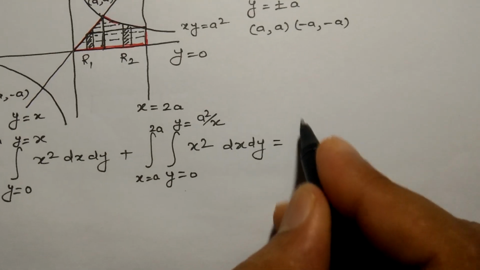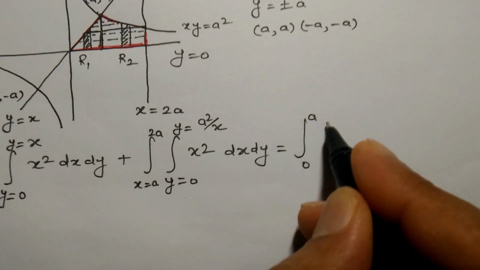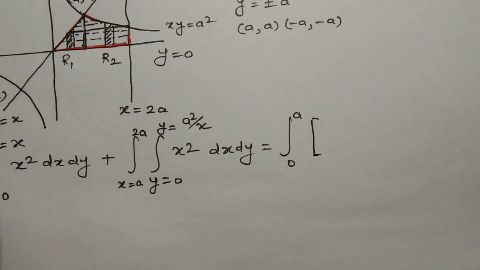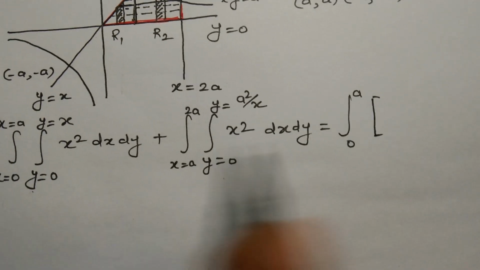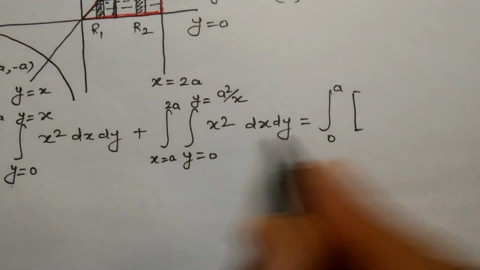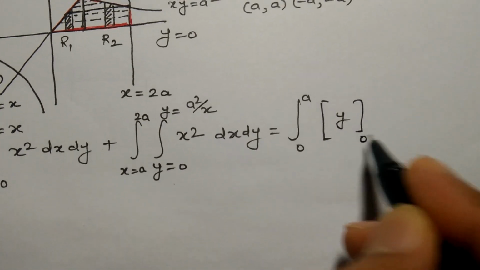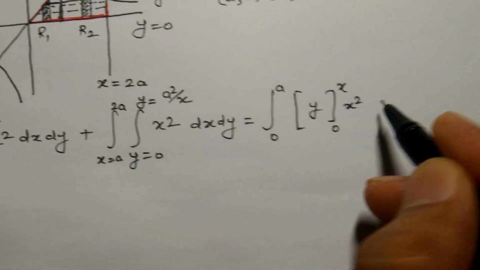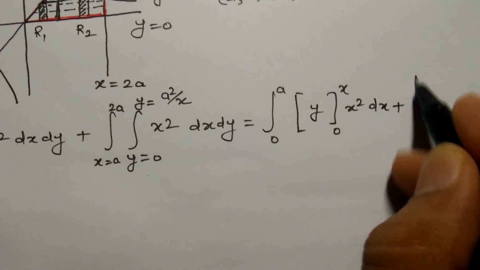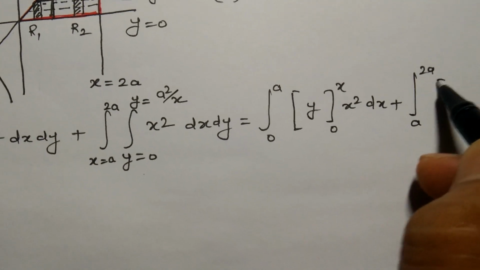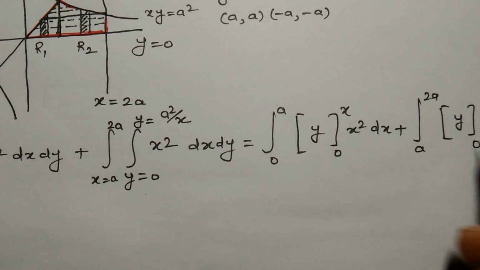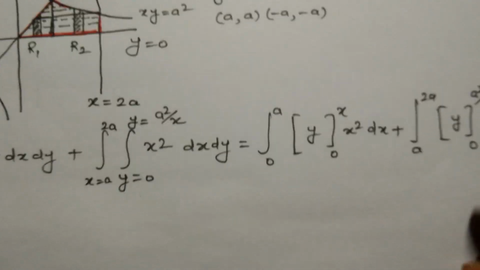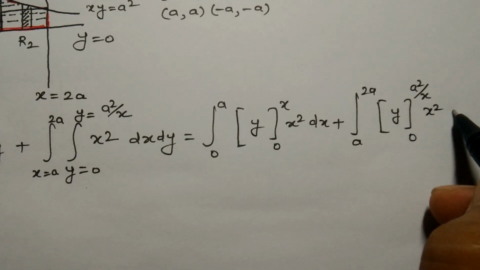Now if we try to solve the integral, the first integral is 0 to a. Since I'll be integrating first with y, as this is the limit of y, only dy is there in the function. Its integration will be y from 0 to x, x square dx, plus a to 2a. Again here also I'll be integrating first with y. It is 0 to a square by x, x square dx.